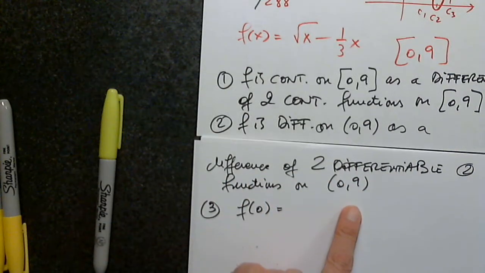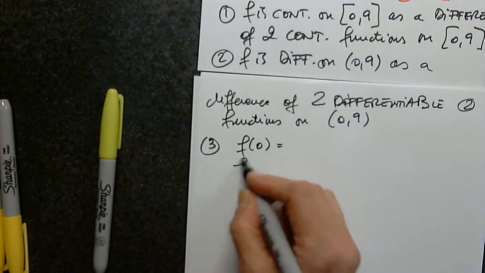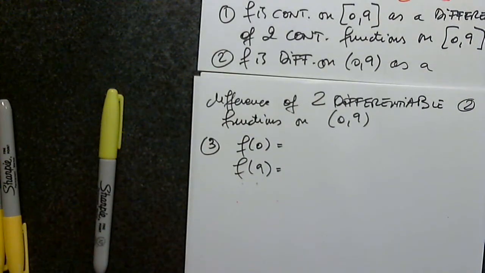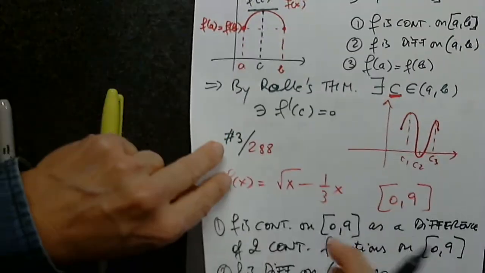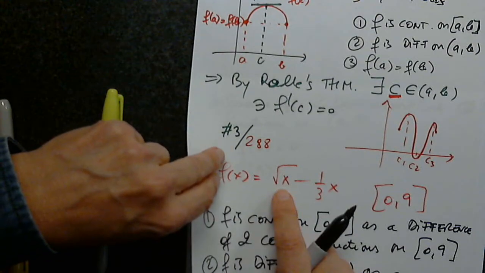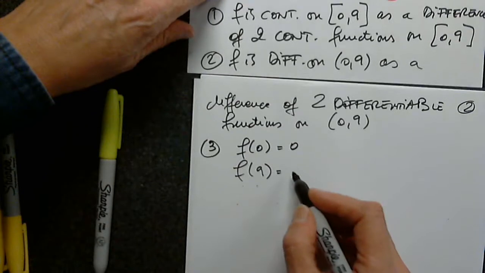Better? Okay, so now I have to find f of 0 and I have to find f of 9. If they're not equal, then I will say Rolle's theorem is not applicable. But if they are equal, when I plug in 0, I get 0. The square root of 9 is 3. 1/3 of 9 is 3. Yes, so it's 0.